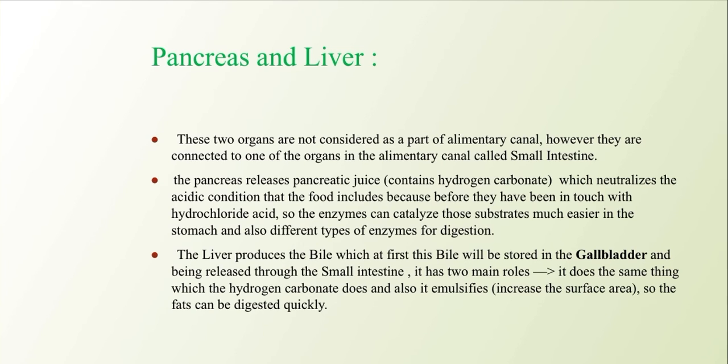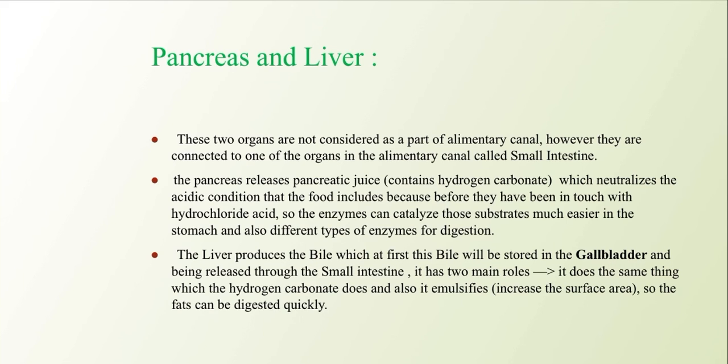As we said before, they neutralize, since the bile is alkaline. So when the alkaline bile and the acid join together, they are neutralized. So this main role of bile encourages that specific chyme to be neutralized.